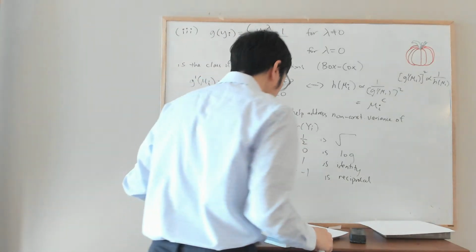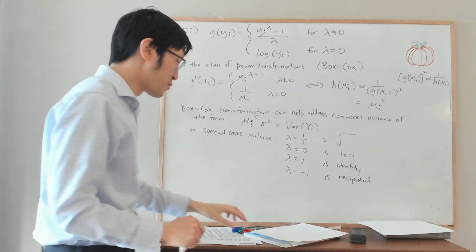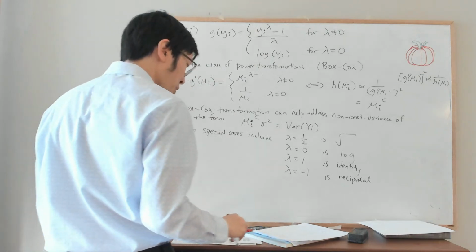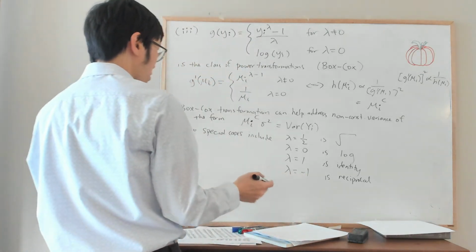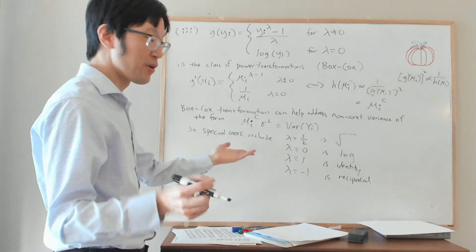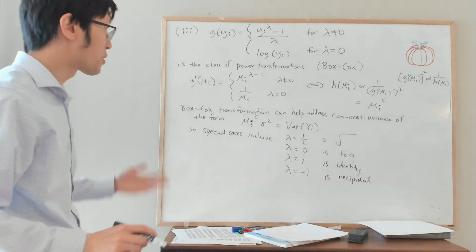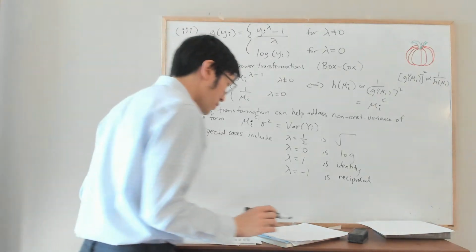Okay, so given you could potentially plug in any type of power transform, how do you find the best one? Well, we can automatically do that by fitting a variety of lambdas and find the one that works the best according to a criteria like the likelihood function.